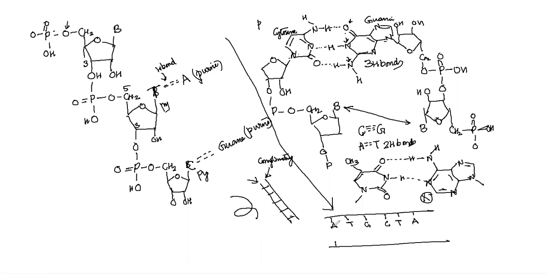So the complementary one with A is T, with T is A, G, C, and C, G, T, A, A, and T. Okay, now two hydrogen bonds here, two hydrogen bonds here, three here, again three here, two here, and two here. So this is how the length of the chain increases.